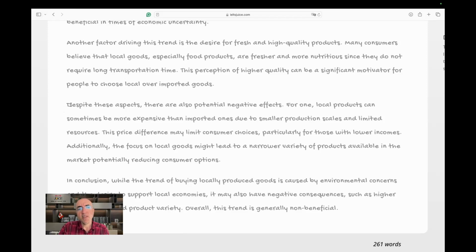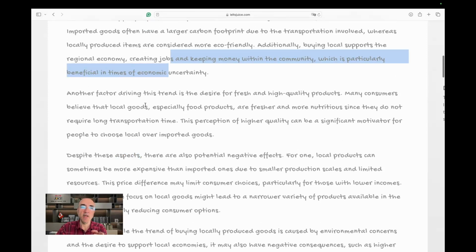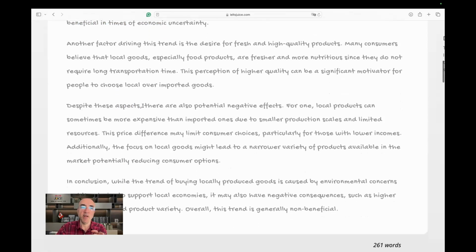And we are saying despite these aspects, we're framing the reasons as positive, which is a little bit hard to connect. We talked about the reasons why we have that, and we are framing them as the opposite of the negative effects.